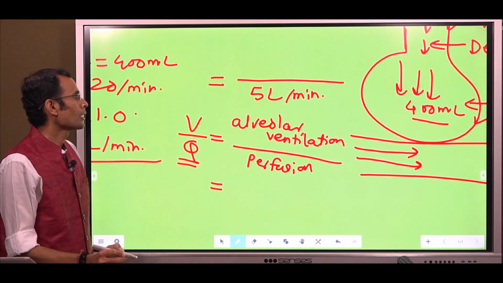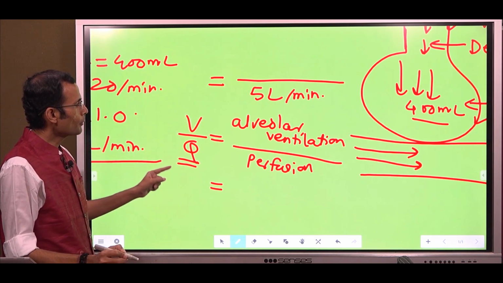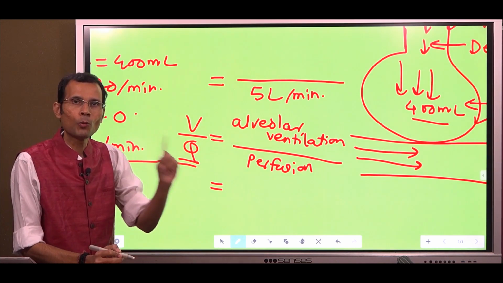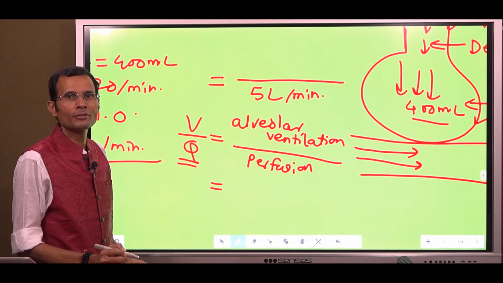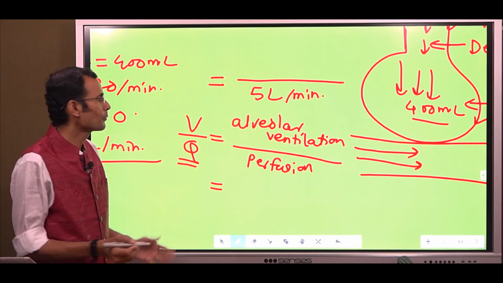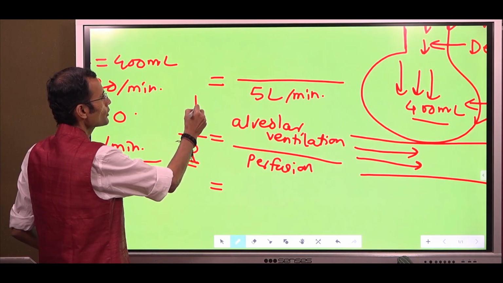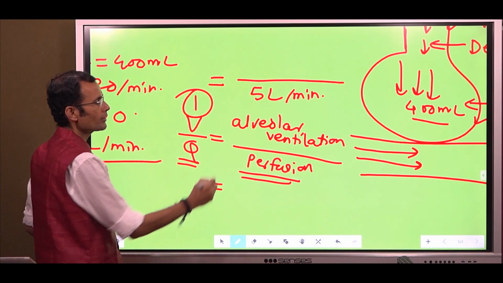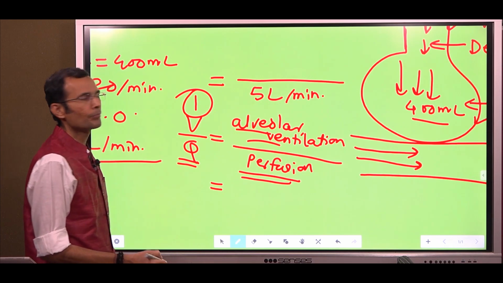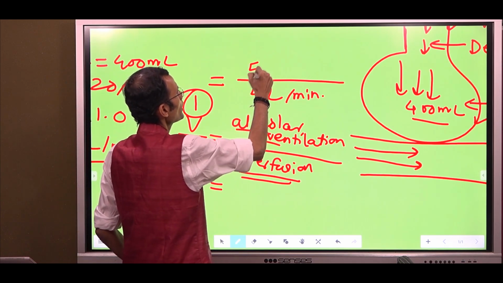That's one. And they said ventilation perfusion ratio is 1, exactly 1, which means how much will be the numerator? Come on, say it now. If this ratio is given as 1 and this denominator value is known to us, how much will be the numerator? 5 liters per minute.